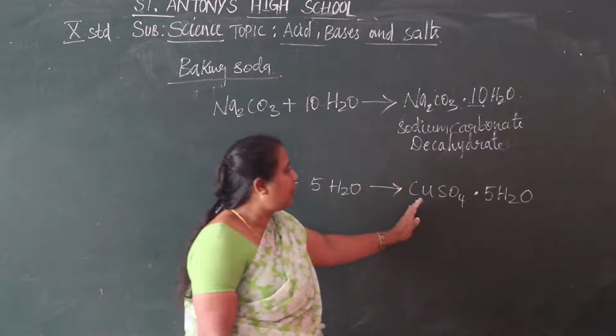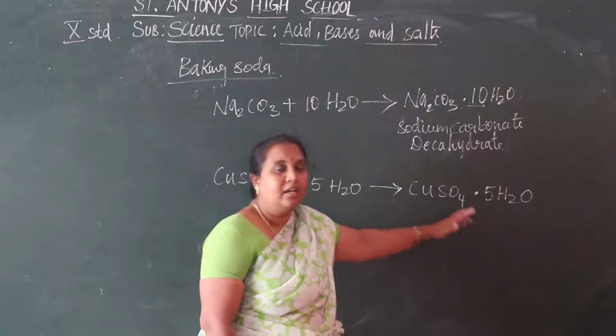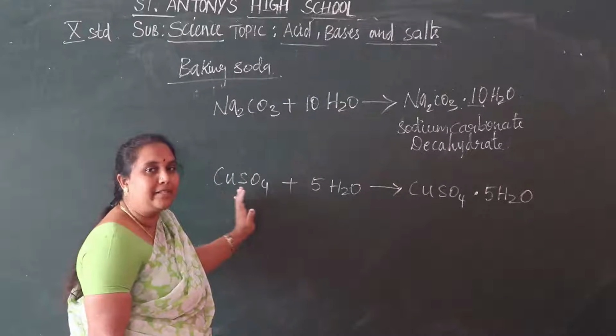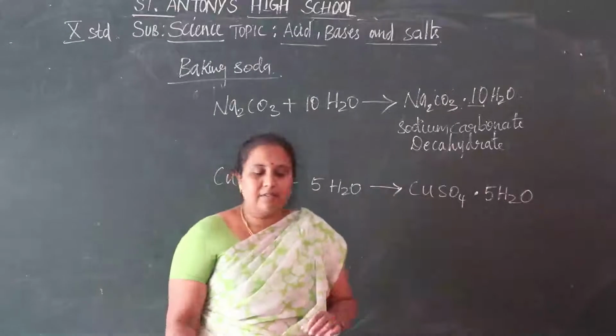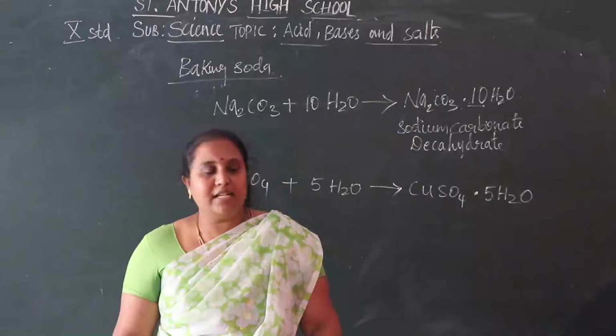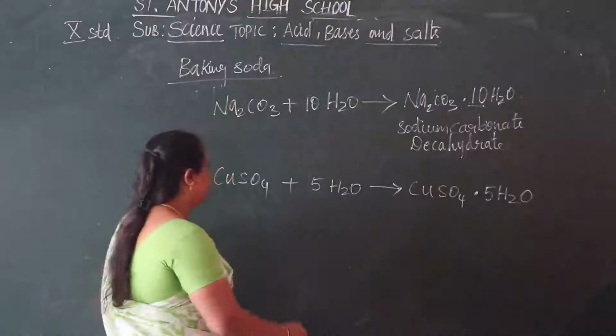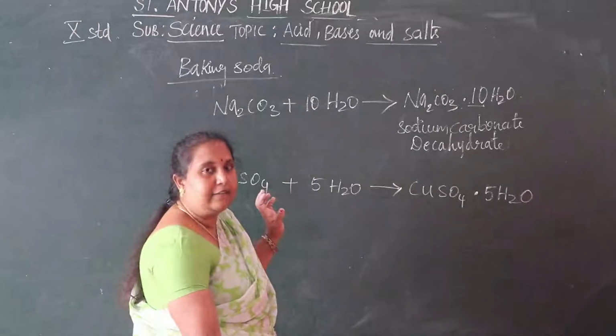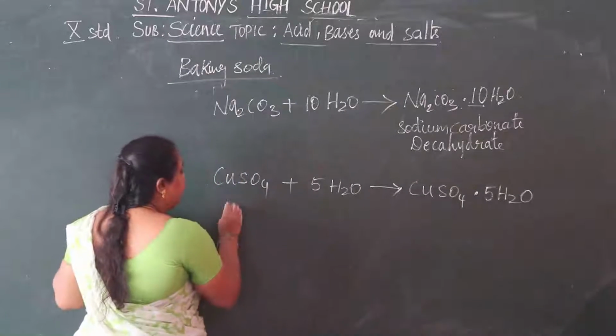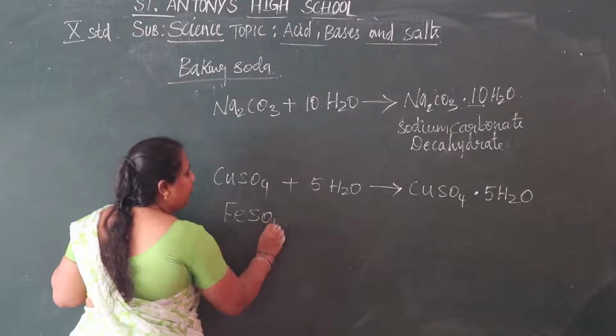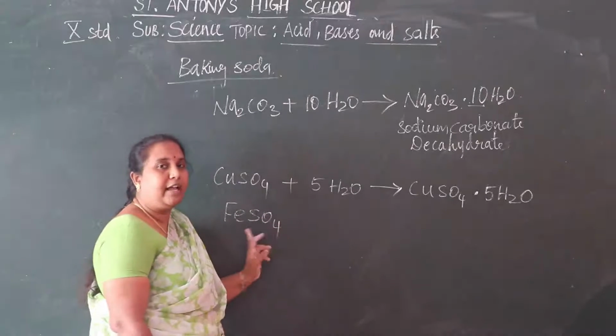By the thermal effect, copper sulfate pentahydrate reduces into copper sulfate. Let us see one more example here: ferrous sulfate heptahydrate. What is the molecular formula of ferrous sulfate? FeSO4.